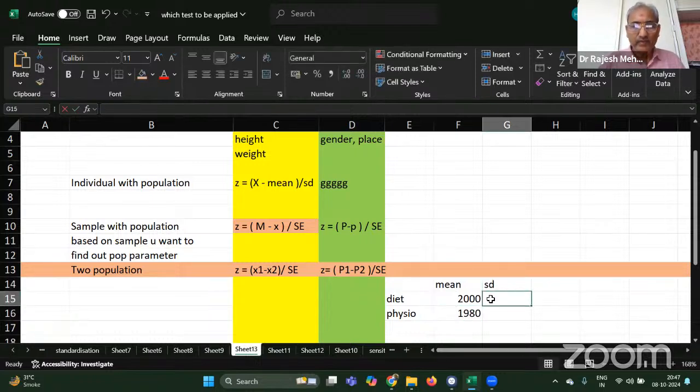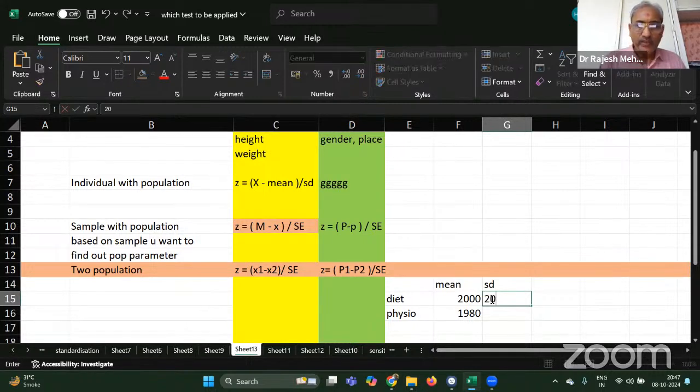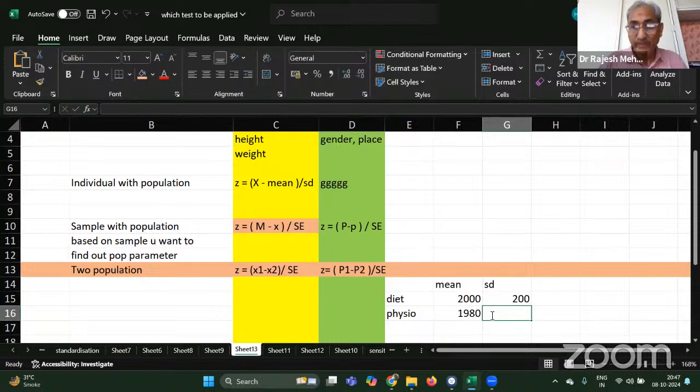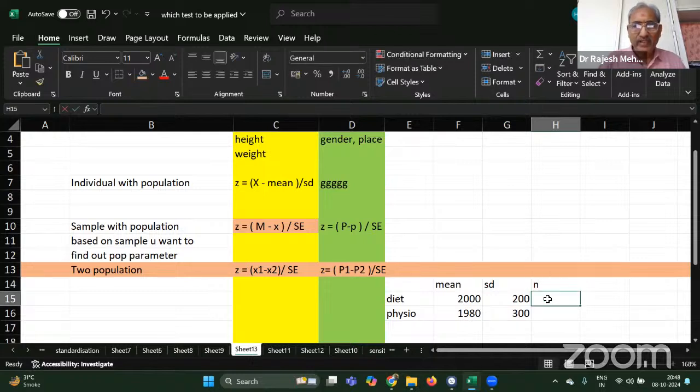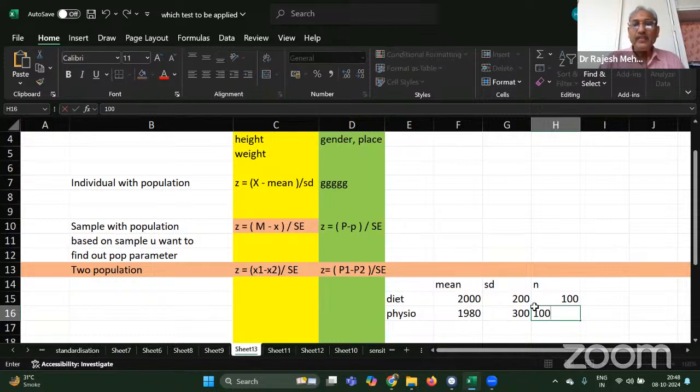The standard deviation was over here, 200. And with physiotherapy, the standard deviation was, let's say, 300. And the sample size in both the groups, N1 and N2, let's say both the groups, we had 100 sample size.